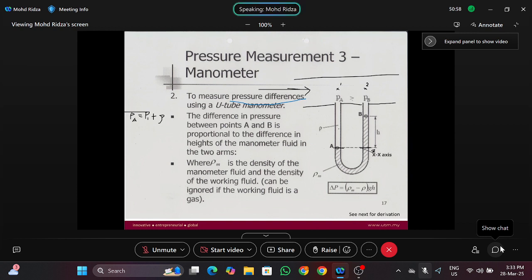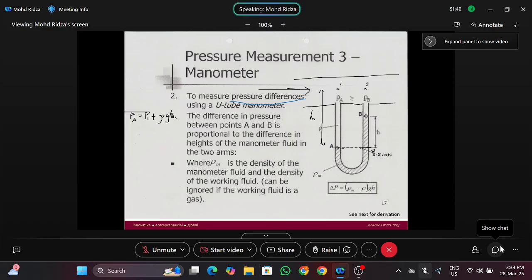So the liquid here is rho of some fluid, rho times g times h. Let me call this h as h1, the difference of elevation between point 1 and point A. So rho g h1. So that's the first equation. This should be straightforward. So we have the equation for PA.